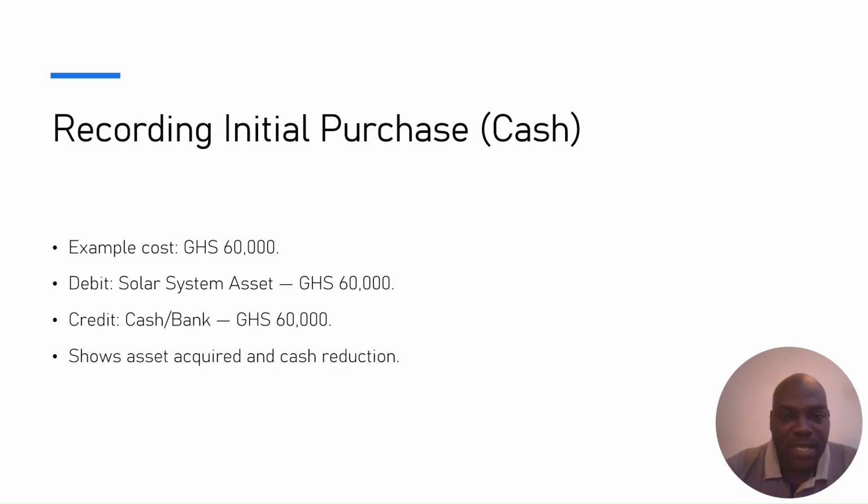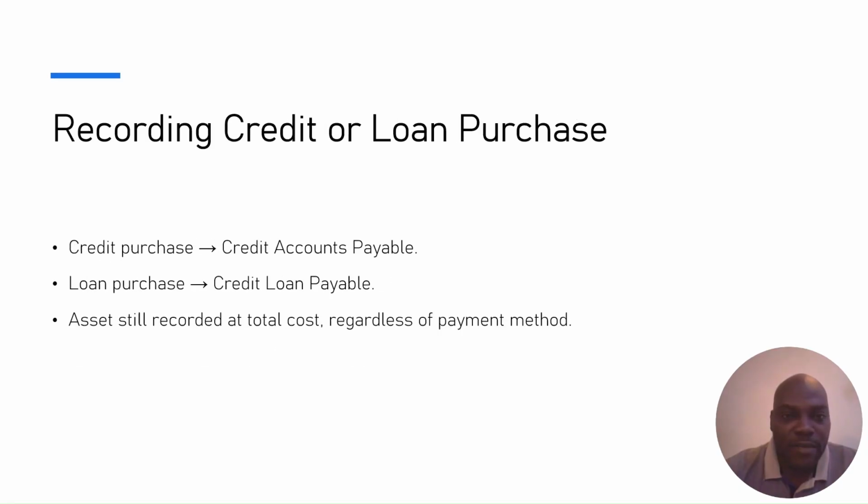Suppose a company buys and installs a solar system for 60,000. This will mean that the company is going to debit its solar system asset account with 60,000 and then credit its bank account or cash account with 60,000, assuming that it was paid immediately.